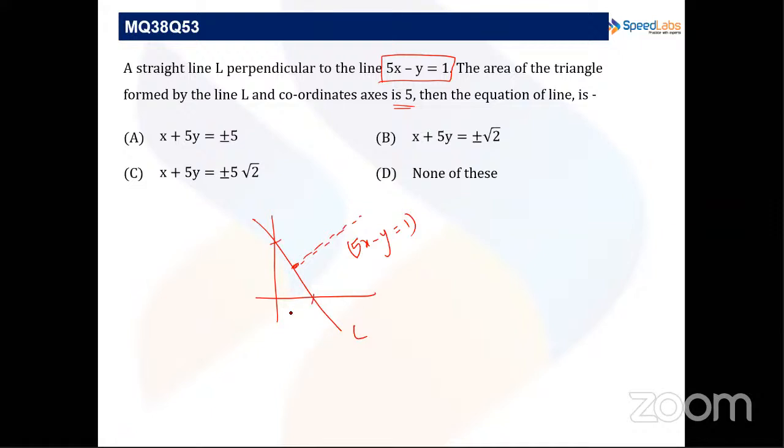Let's say L has intercept A on the x axis and B on the y axis. So the area of the triangle will be half AB, and it is given that it is equal to 5, so AB is equal to 10.